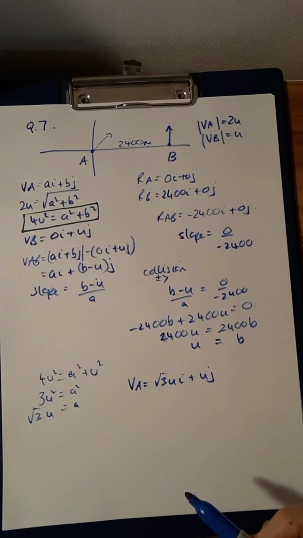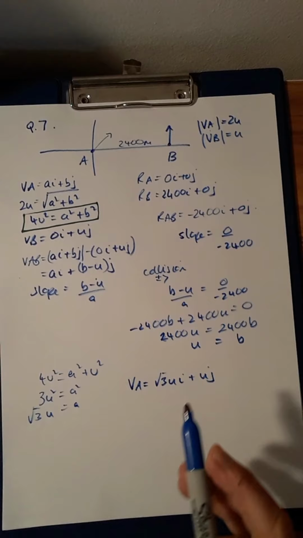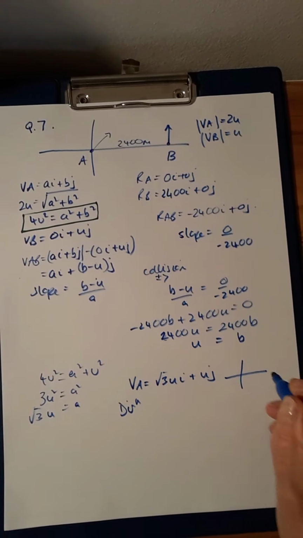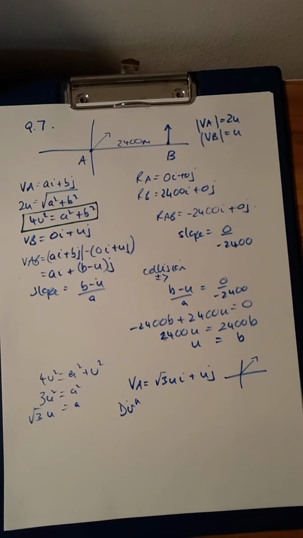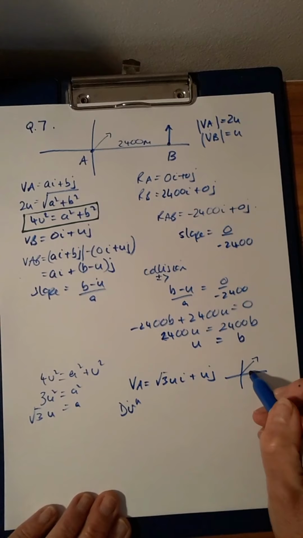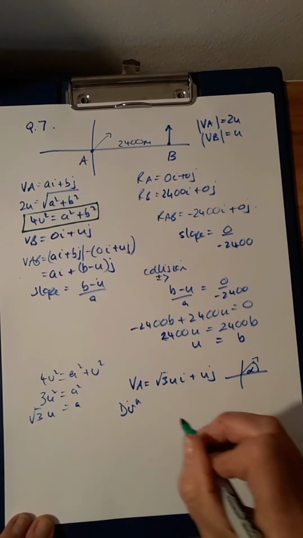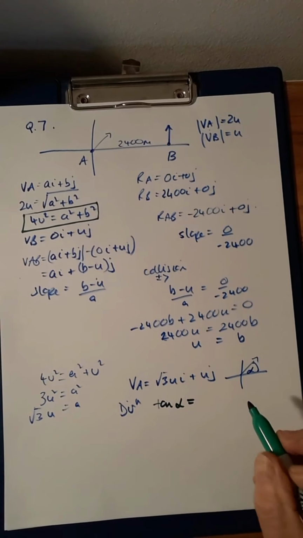Now, the question asked me to show the direction A is moving in order to intercept B. So to get the direction, remember we take the velocity. So this would be root 3u in the i direction. It would be that kind of direction here. If I call this angle alpha, then I want to find the tan of alpha. So the direction would be the tan of alpha, and then I could find alpha.